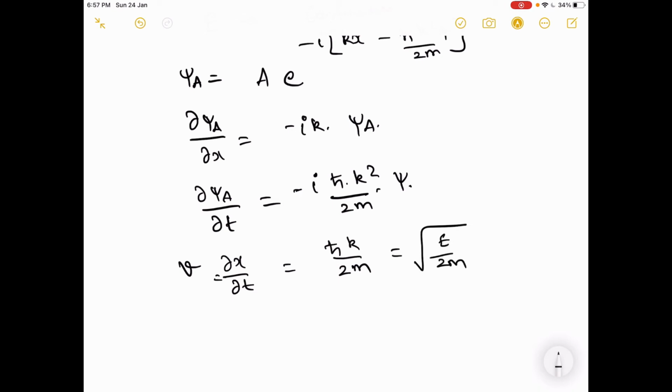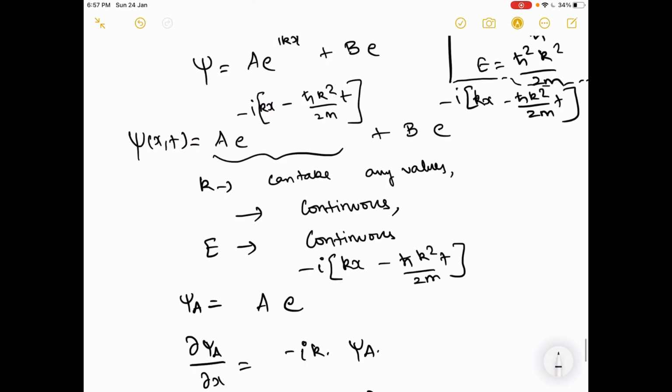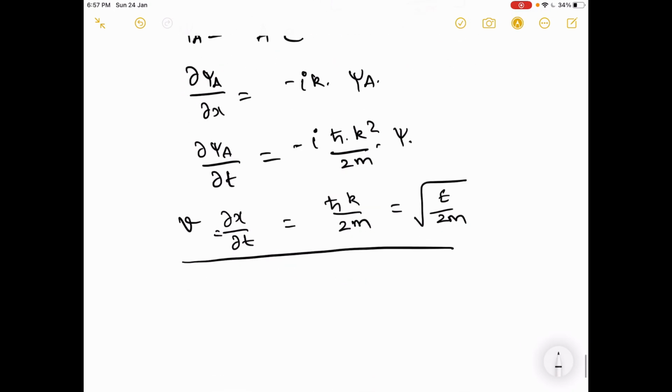So this is the velocity of the first term, and the second term's velocity will turn out to be minus ħk by 2m, and obviously the magnitude is just the same, ħk by 2m.